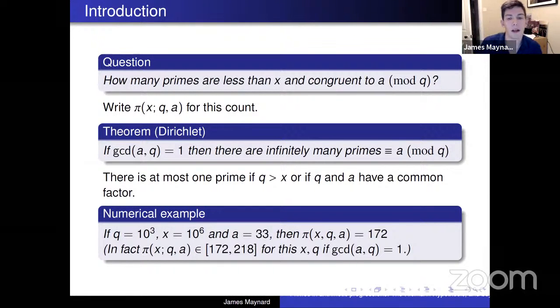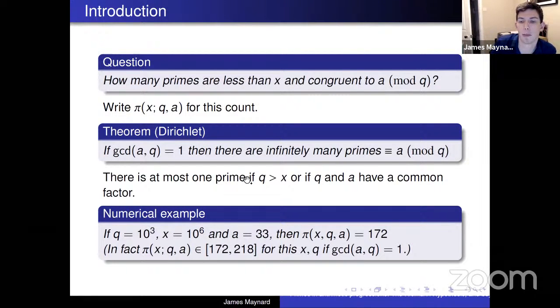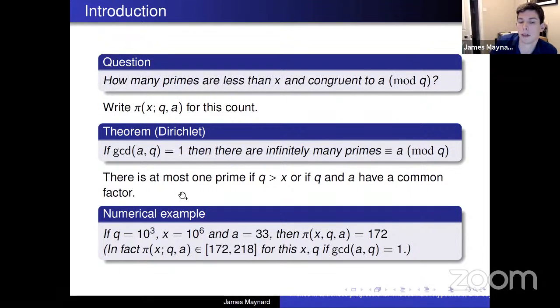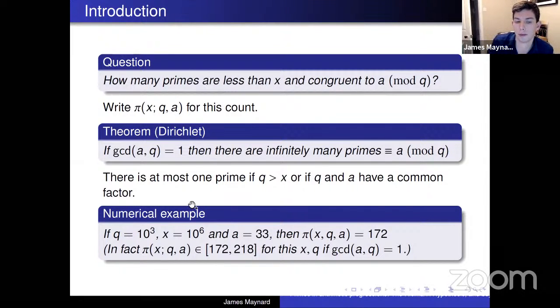And in fact, regardless of what you chose a to be, provided it doesn't have a common factor with q, in this case, the number of primes which are less than x and congruent to a modulo q always lies between 172 and 218.